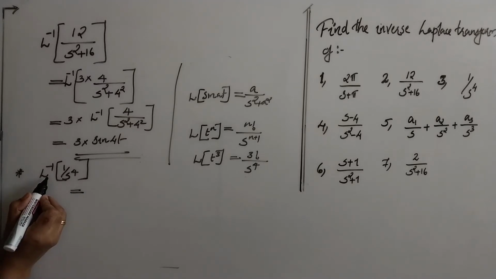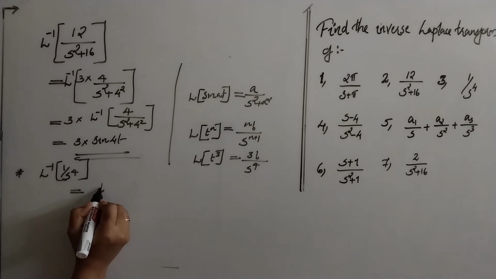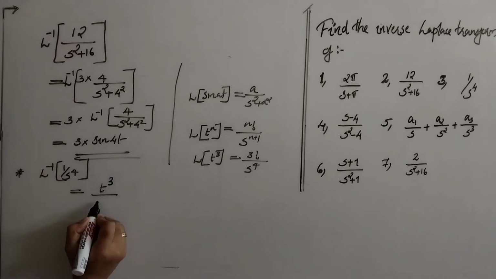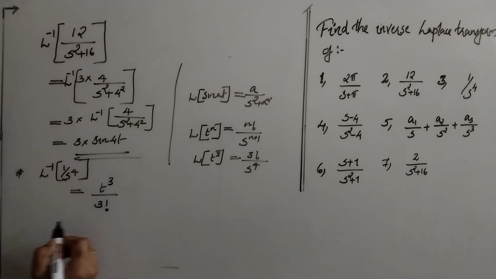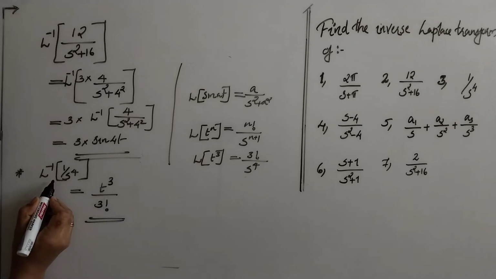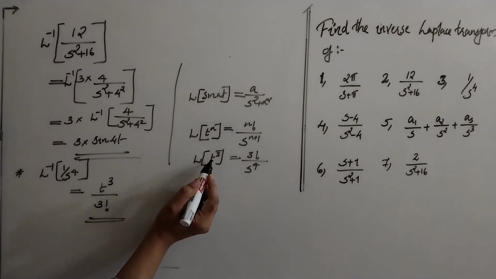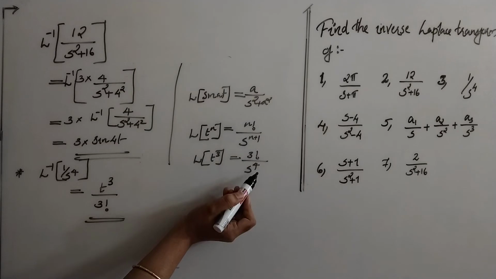So inverse Laplace transform of 1 by s raised to 4 is t cube divided by 3 factorial. Here Laplace transform of t cube is 3 factorial divided by s raised to 4.